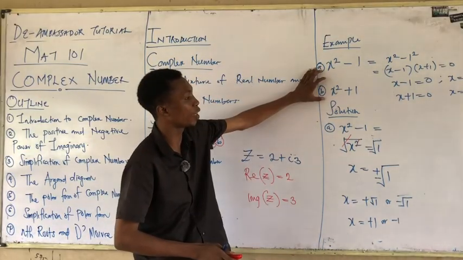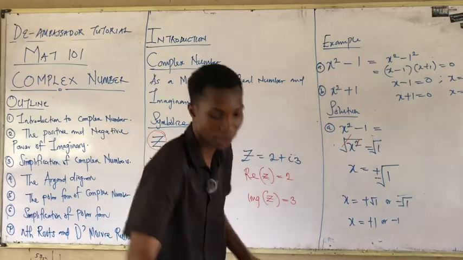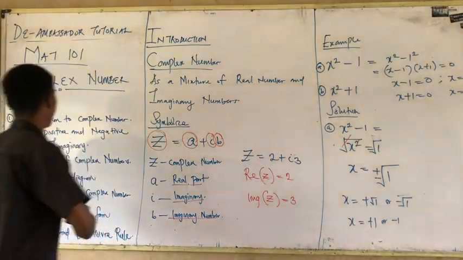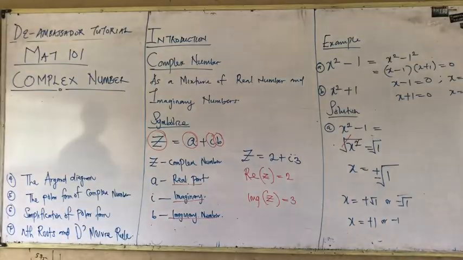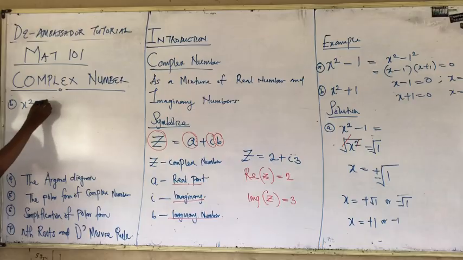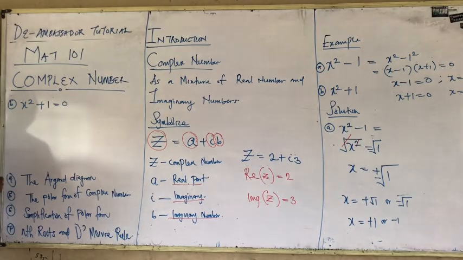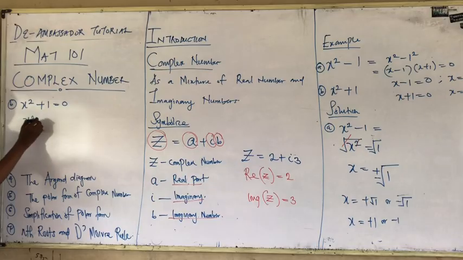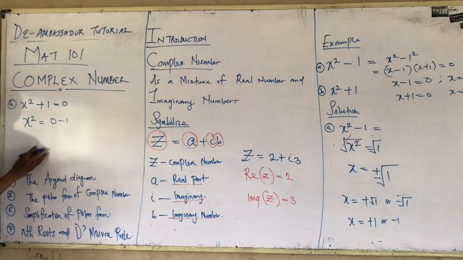Now let's see how we can simplify this one. I'm working with time, so let's look at the other one, which is B. The other one we have is x squared plus 1, isn't it? Now we can equate it to 0. So I have that x squared equals 0 minus 1, isn't it?